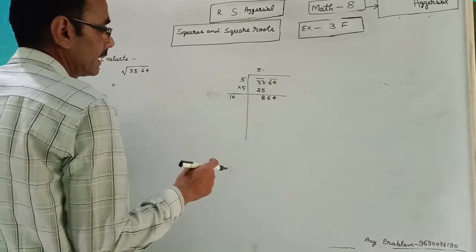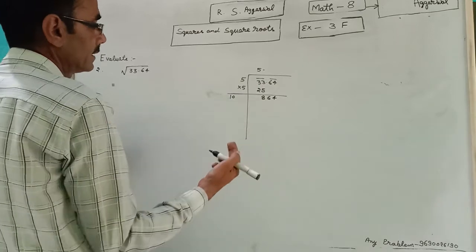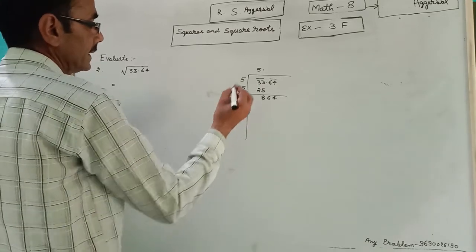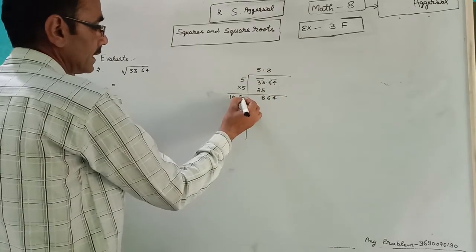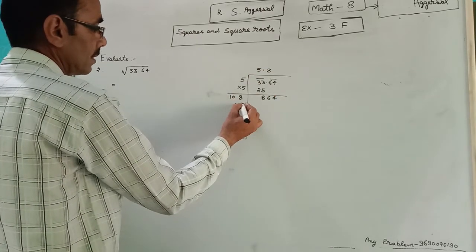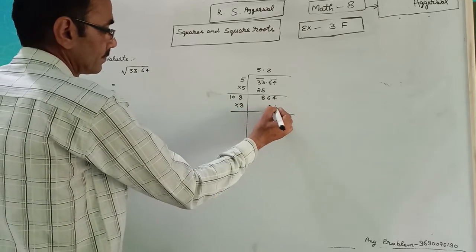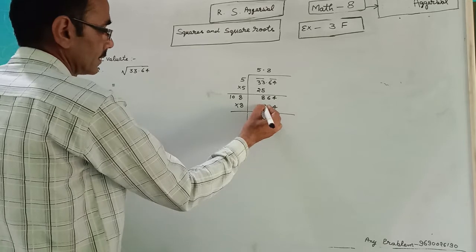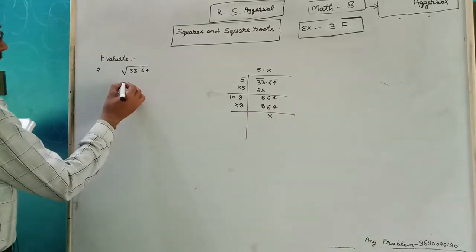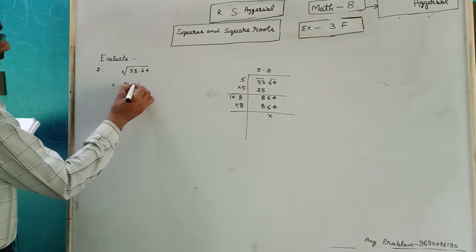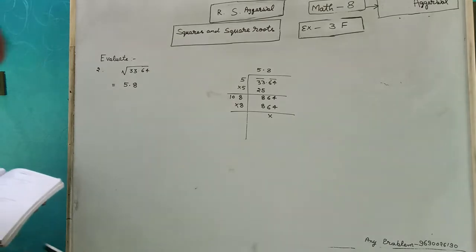One digit is hide, 4. 8 table read in 86. 8 ja, write the side and multiply by 8. 8 8 ja 64. 5.8 is square root of 33.64.